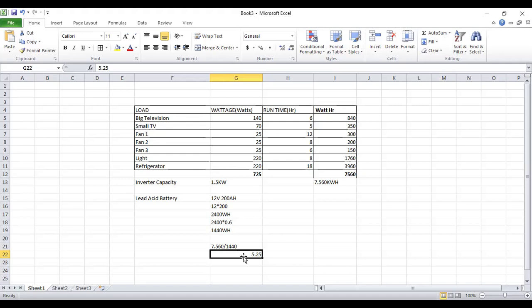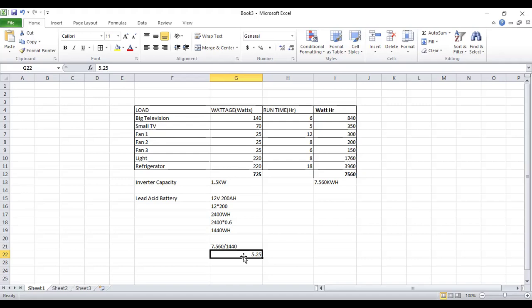So now, okay, I know that I need 1.25 kVA of an inverter, or kilowatts of an inverter. That is that. And now I have 5.25 batteries as what I need to back up my load. Do I have a 1.5 kVA inverter coming in 48 volts or 24 volts or whatever?